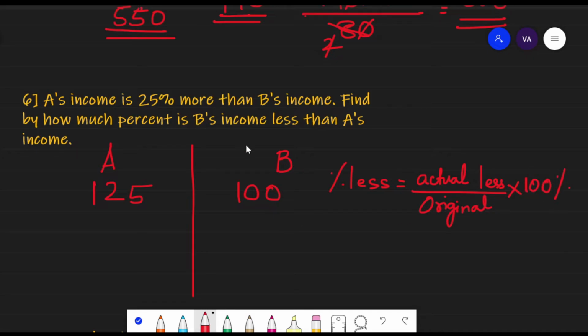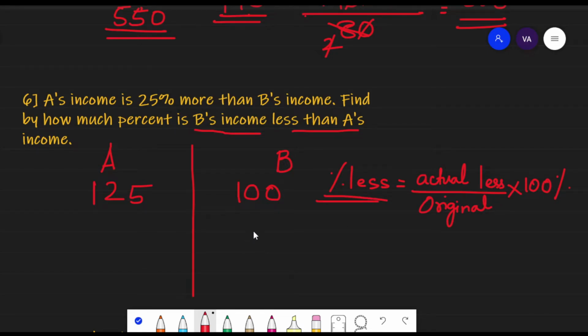Okay. Now whose income is less? B's income is less than A's income. That means they are comparing B's income to A's income, and they are asking how much less B's income is.